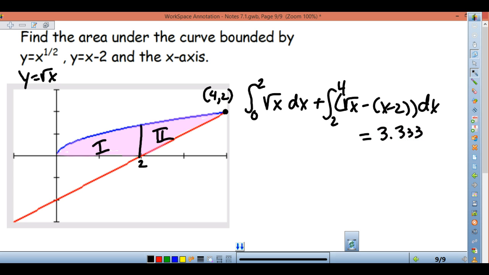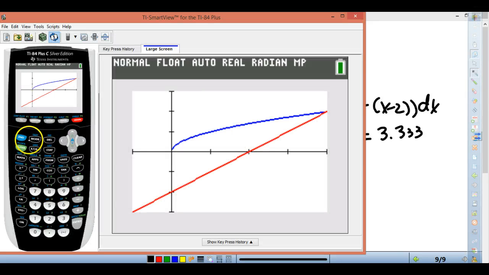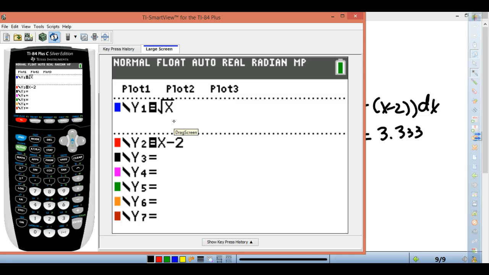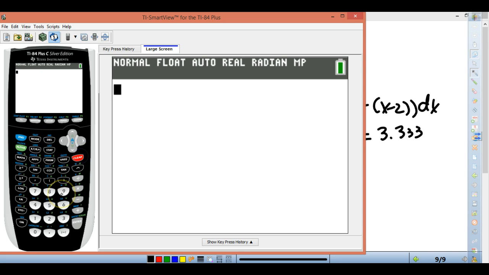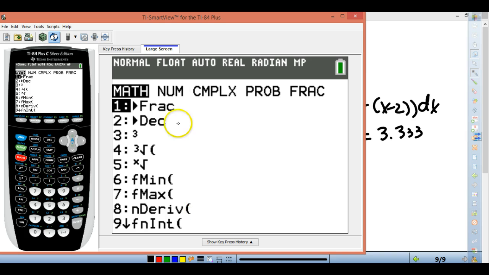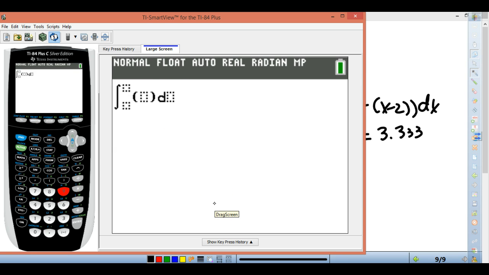So as a reminder, this is something that you could easily do by hand, but if you had wanted to use your graphing calculator to help you with that, notice that I have square root of x in my y1 and x minus 2 in my y2. So if I want to integrate that from my home screen, you can go Math, Function Integration number 9.